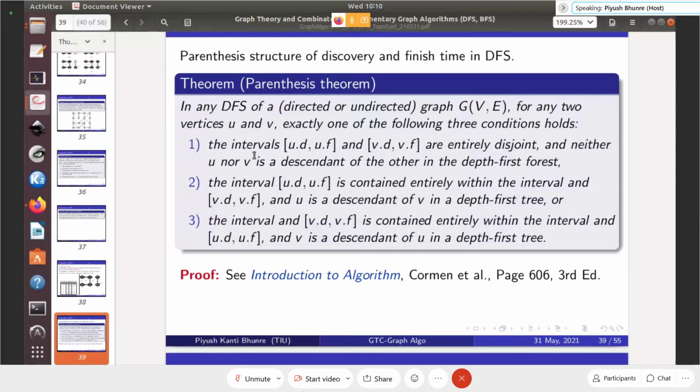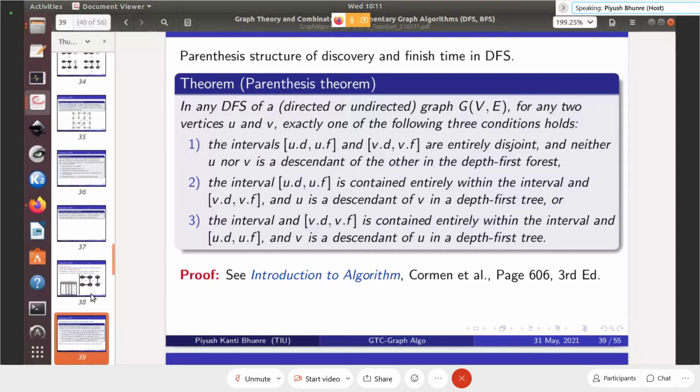Suppose u and v are two vertices of the graph, then one of three conditions holds. The first one says that they are entirely disjoint: the interval for u and the interval for v are disjoint, and neither u nor v is a descendant of the other in the depth first forest. This occurs when they belong to different connected components.